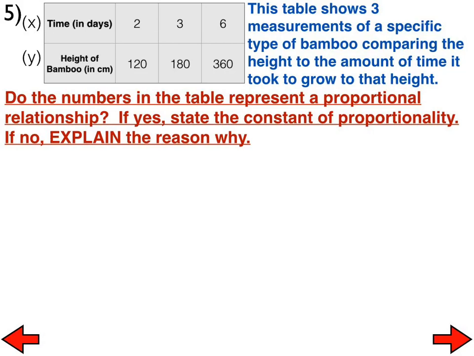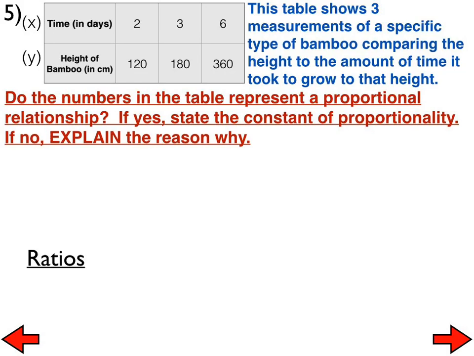Do the numbers in the table represent a proportional relationship? And if it is a proportional relationship, I want to know what the constant of proportionality is. And if it's not a proportional relationship, I want to know why. We're just extending basically what we did in 1 through 4. Go ahead and try number 5.